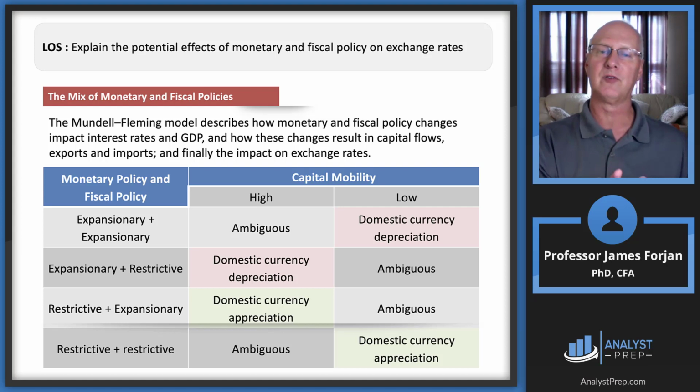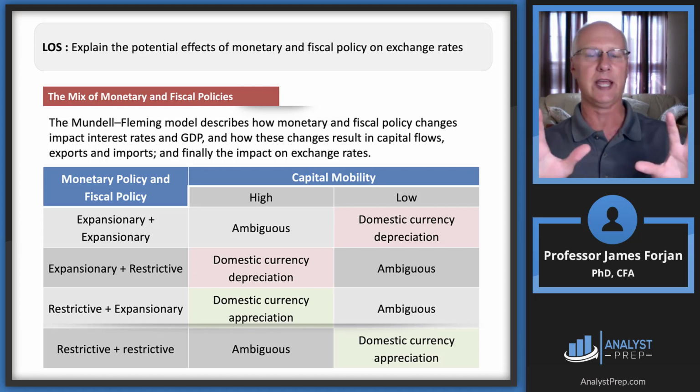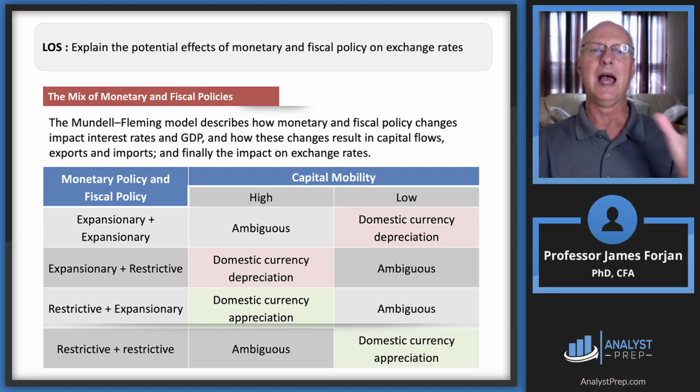So the impact of interest rates and economic growth and how they're going to impact both the capital and the current accounts, and what their impact on exchange rates might be. So once again, we're taking a look at the fundamentals and saying, hey, let's go ahead and try to predict exchange rates. Now, what the reading does for you is the following.